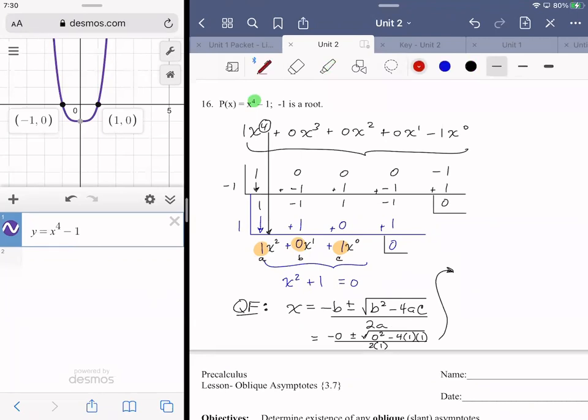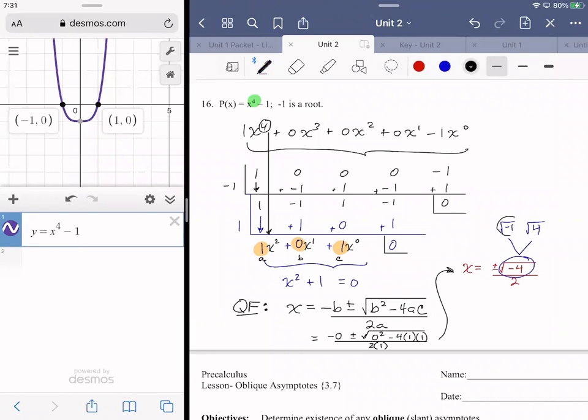All right, so my x, if I simplify here, the -0 is 0, so plus or minus the square root of 0 squared minus 4 times 1 times 1 is a -4 under a radical, over 2. That -4 under the radical can be rewritten as the product of the square root of -1 and the square root of 4.